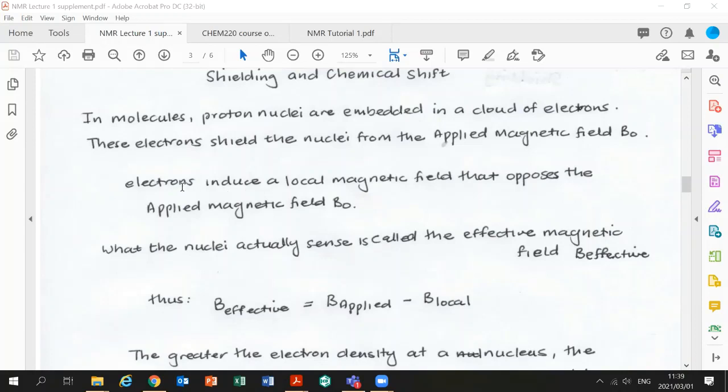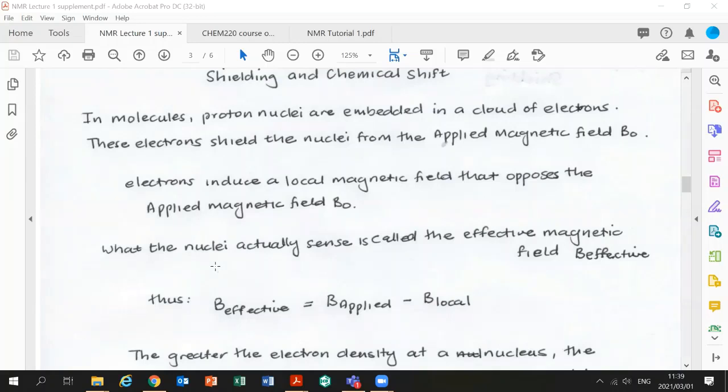But if I said that the proton had a micro magnetic field, imagine how micro is this electron that's producing this magnetic field. But nevertheless, it's producing a small magnetic field that opposes the applied magnetic field. So if the full force is coming with the magnetic field, these electrons can reduce that energy somewhat.